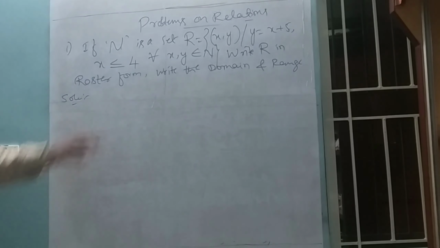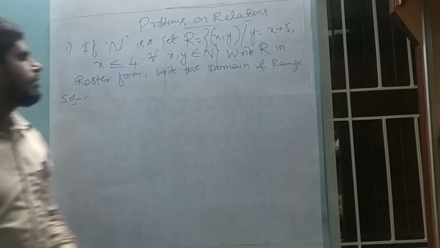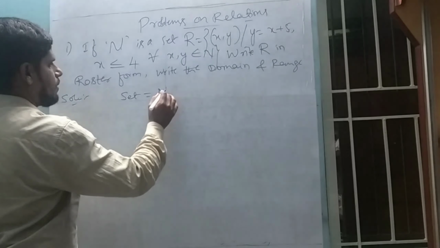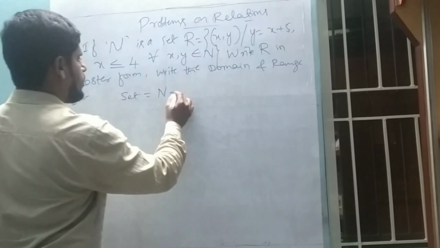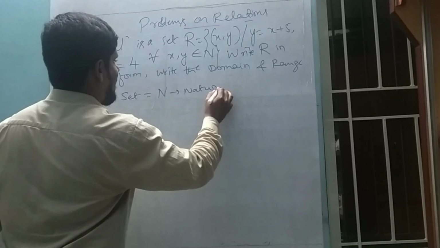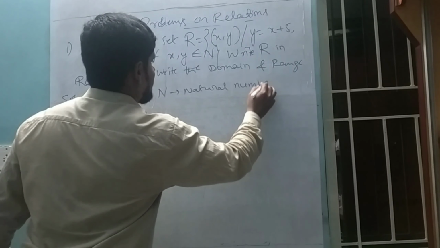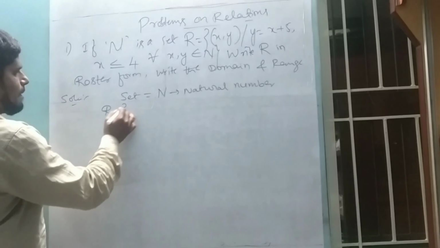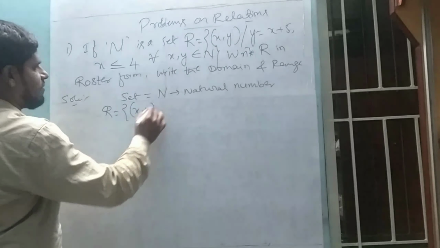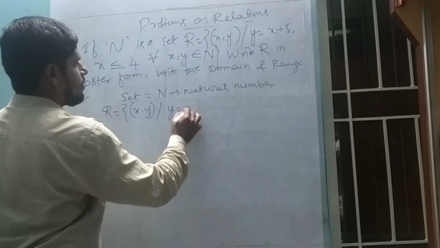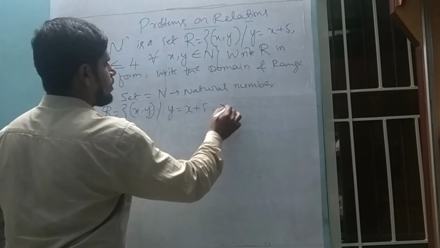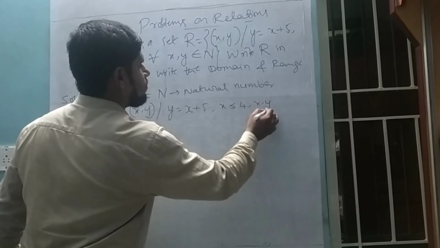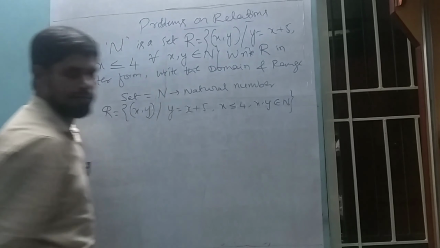What is given here? A set is given and a relation is defined. My set is equal to capital N, that is natural numbers, 1 to infinity, and my relation is (x, y) such that y is equal to x plus 5, x must be less than or equal to 4, and (x, y) belongs to my set.